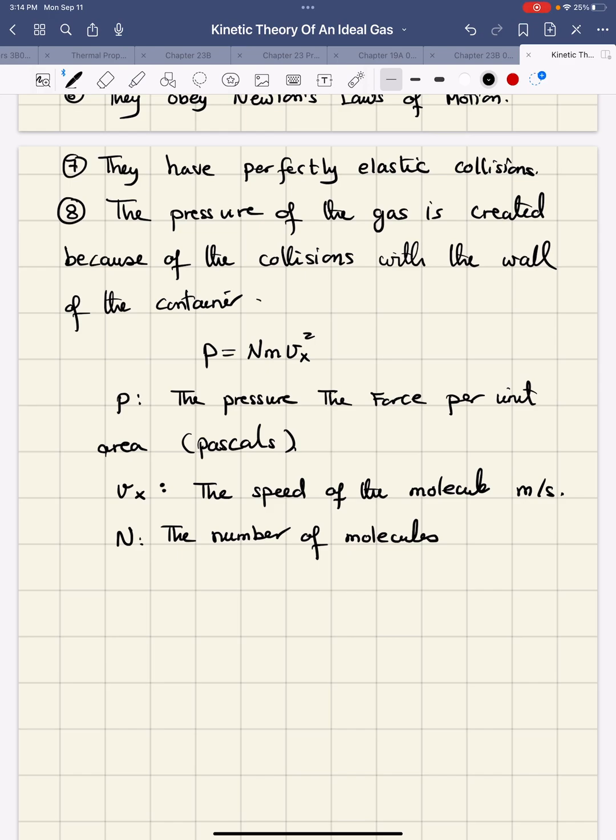N is the number of molecules. Number of molecules doesn't have any unit.